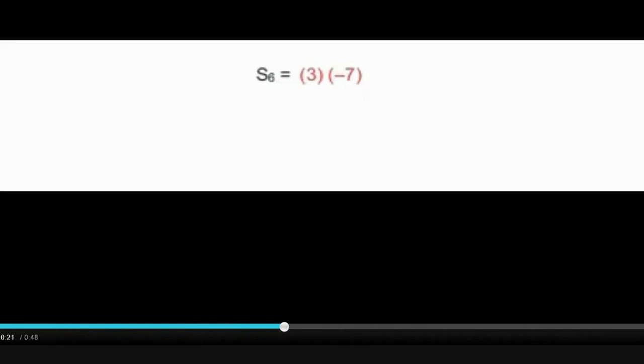The 3 pairs in the arithmetic series can be written as 6 divided by 2, where 6 represents the number of terms in the series. Negative 7 can be written as 4 plus negative 11. 4 represents the first term of the series, and negative 11 represents the last number of the series.